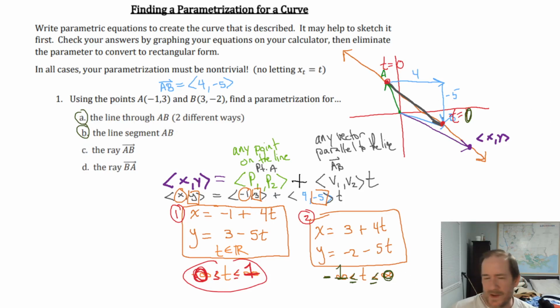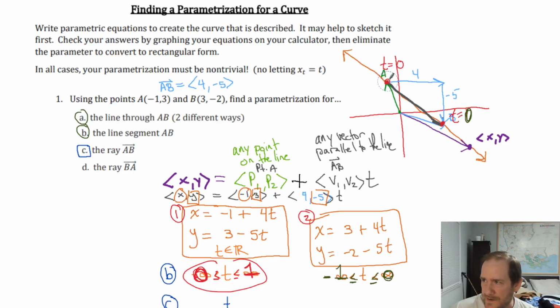So what do I do then to turn my parameterization of the line into the ray AB? And again, hopefully it's obvious. Again, for the original parameterization, this is now the parameter interval for part B. So the parameter interval for part C would probably just be some different interval of t's.